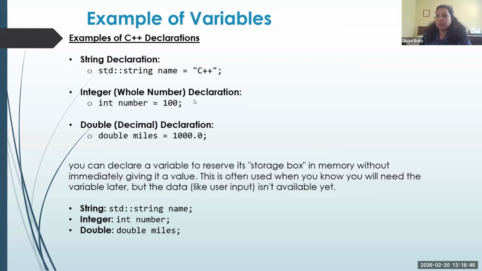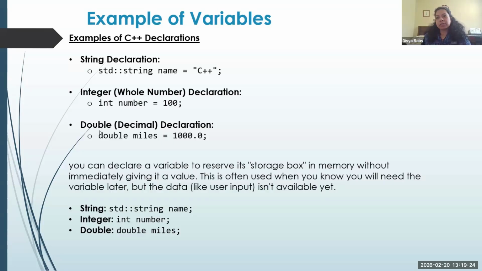Next, let's look at a few more examples. If you are going to declare a string, we use std:: because it's a part of the standard header file. So std::string name equal to C++. If you are going to declare an integer, int number equal to 100. When you say int number equal to 100, in the memory the compiler is going to reserve some space, give the name number to it, and store the value 100 inside it.